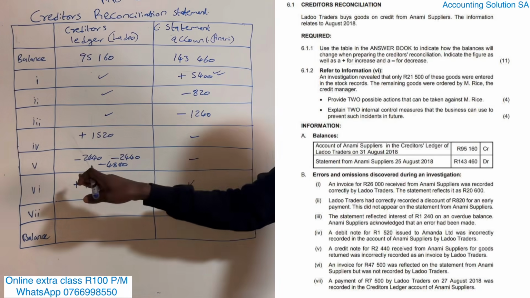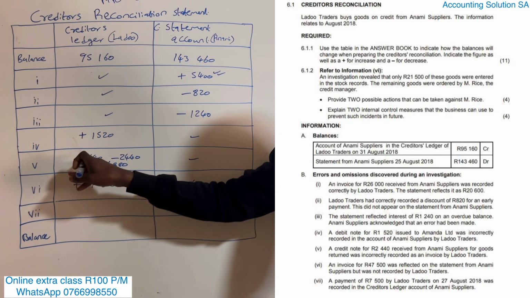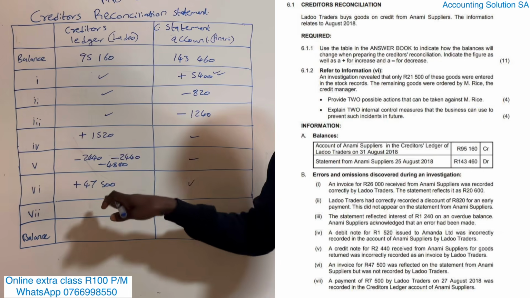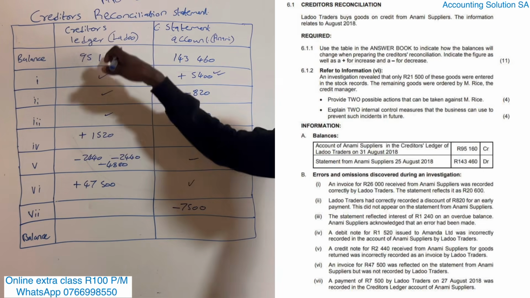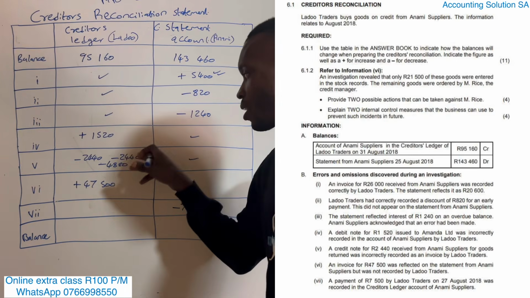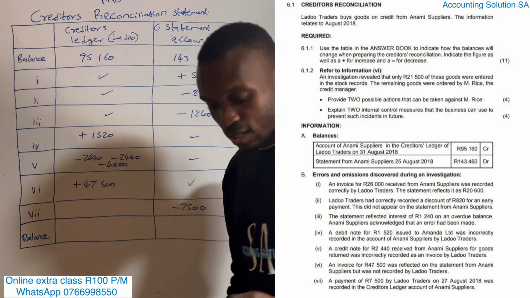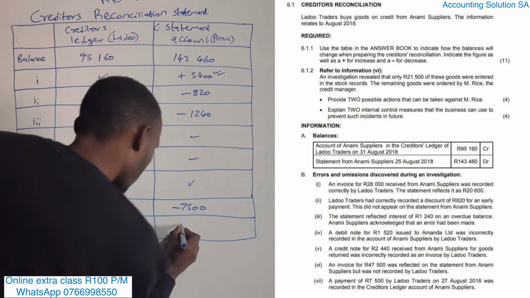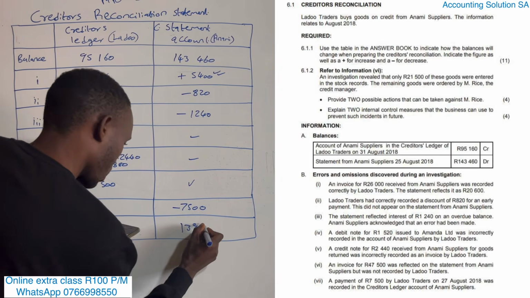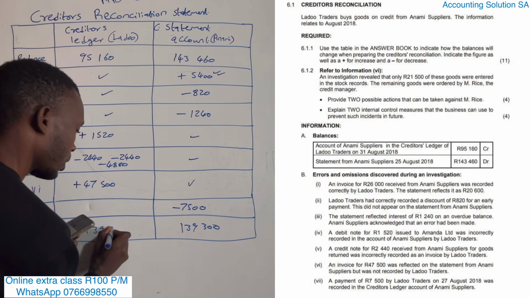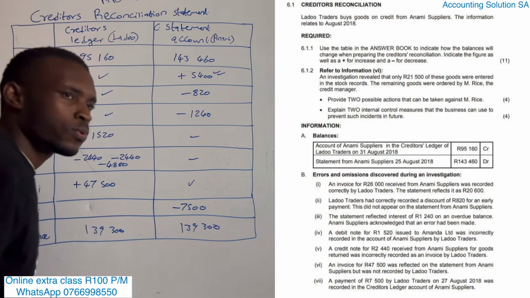Remember here, guys, if you said minus 244, you also have to say minus 244. Or you simply add everything and you subtract this total. Don't do this and then do this one again. You will never get it right. Okay, so total this side you're going to get 139,300. This side 139,300. That's how you do it, guys.